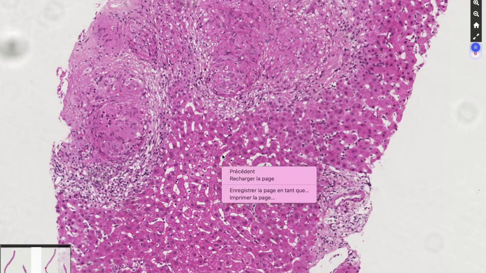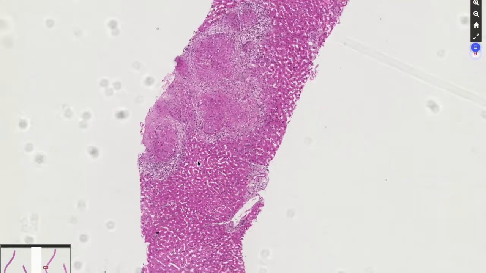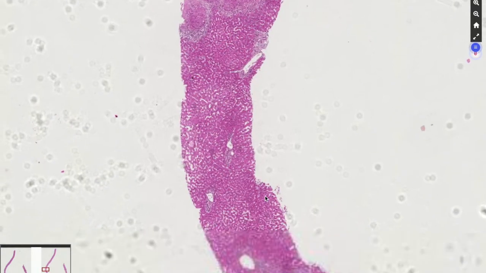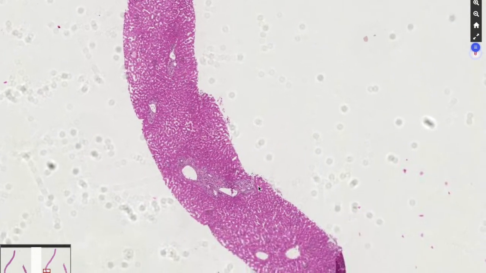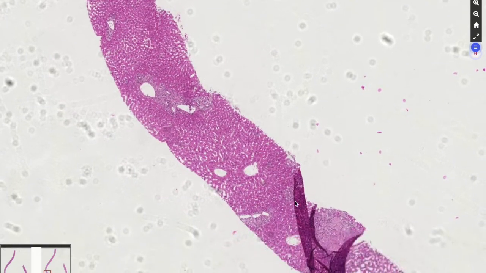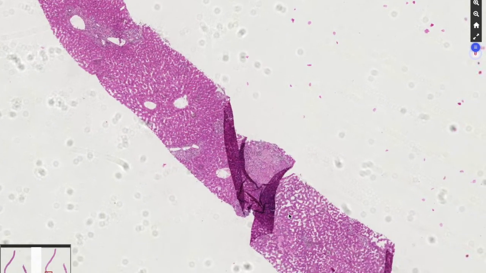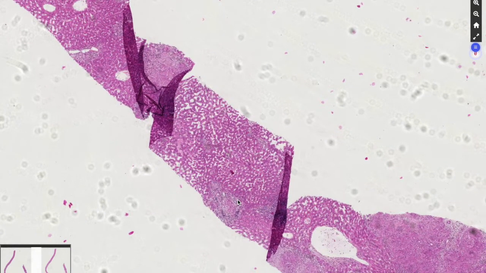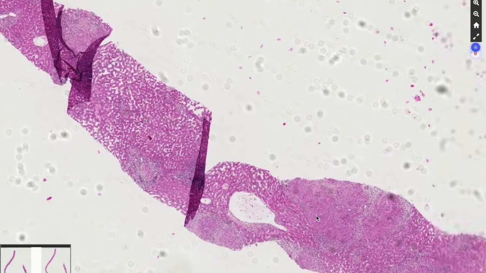And this case was really typical because of the number of granulomas that you can see even at low power. And usually in those cases, the granulomas are really easy to identify in liver sarcoidosis.